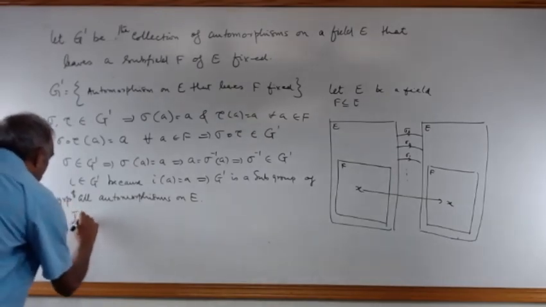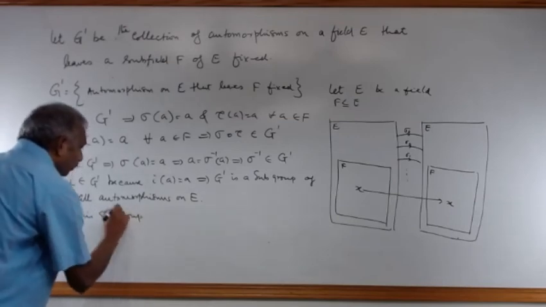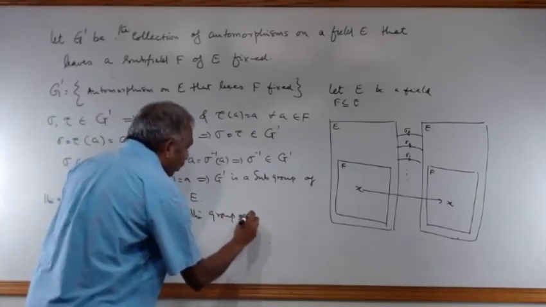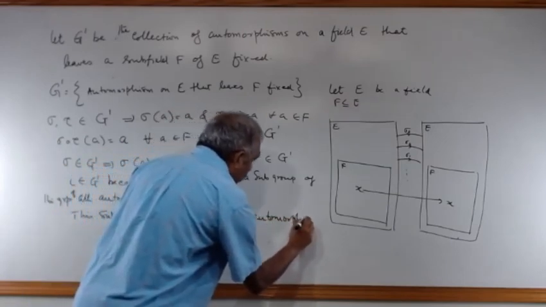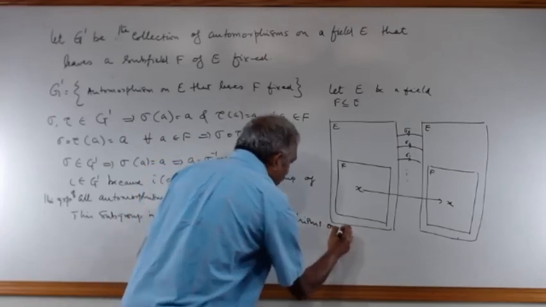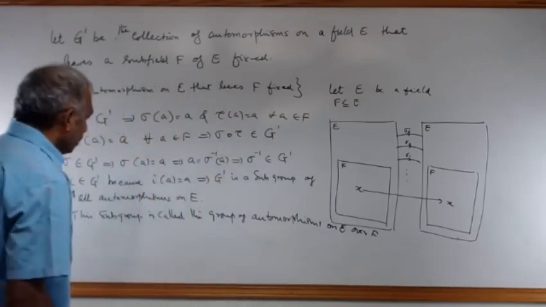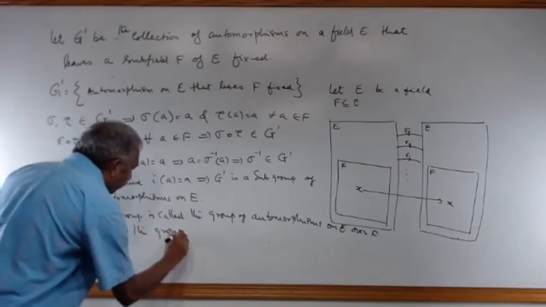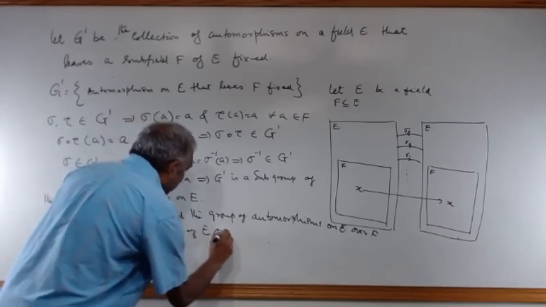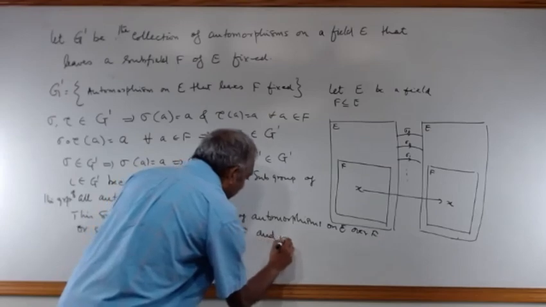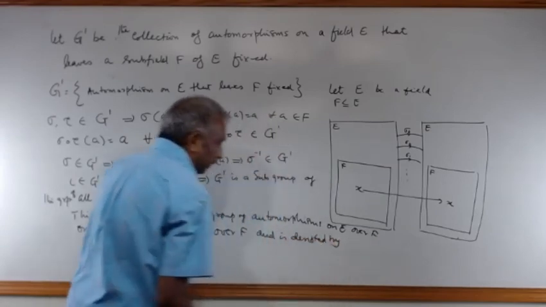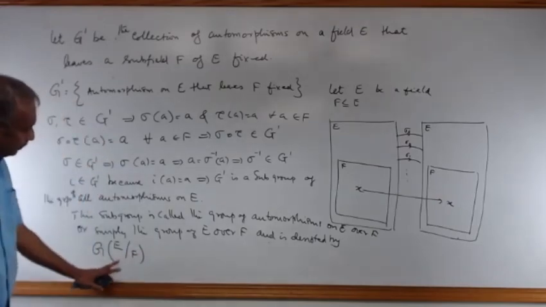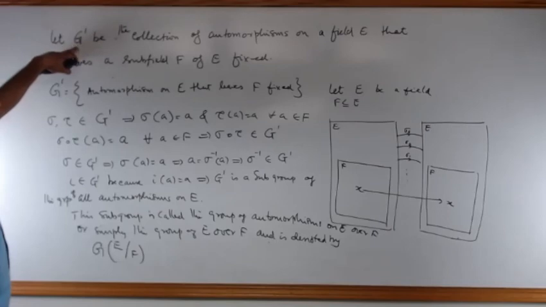And this subgroup is called the group of automorphisms on E over F, or simply the group of E over F, and is denoted by G of E over F. So we are changing the notation of G prime.